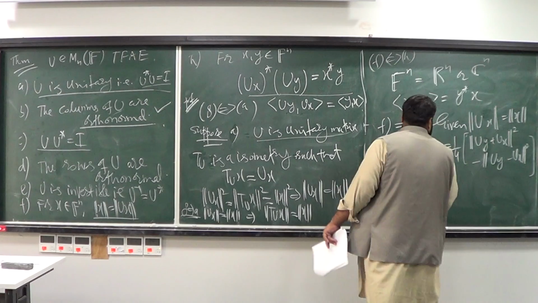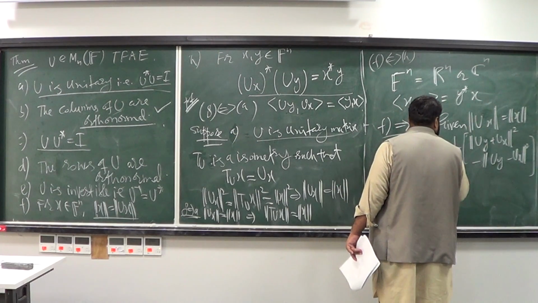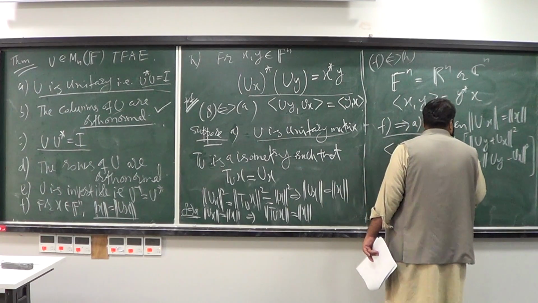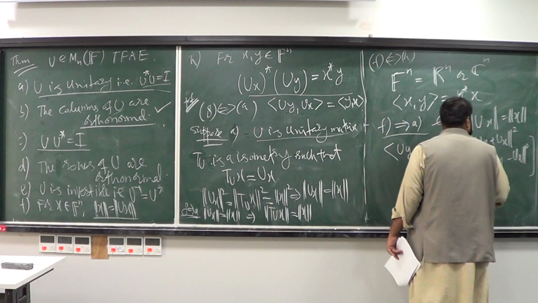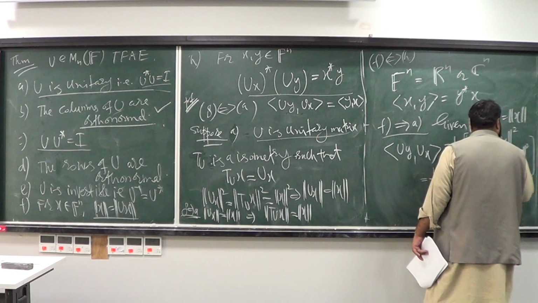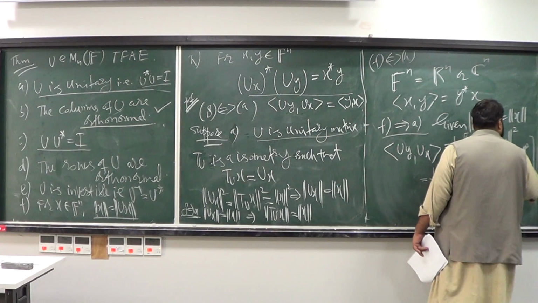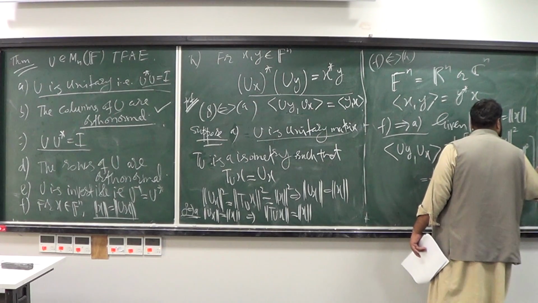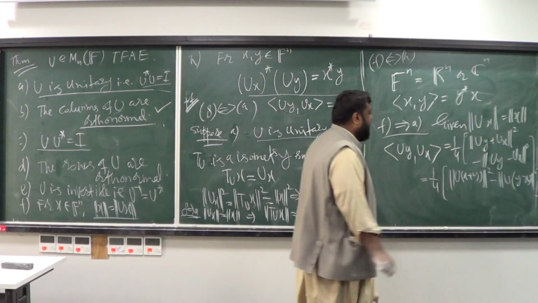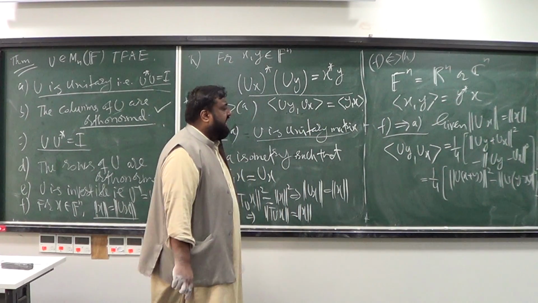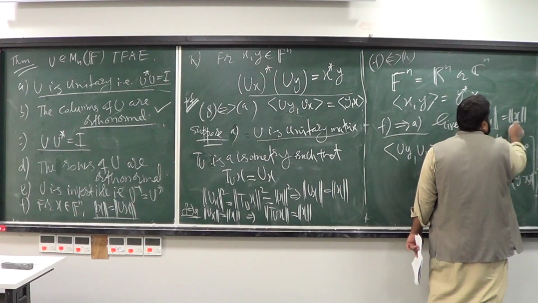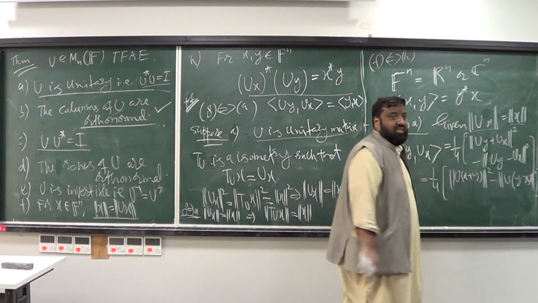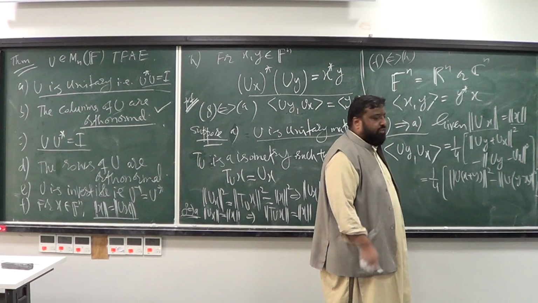I can say that this is the same as 1 over 4 times norm of Ux plus y norm square minus Uy minus x norm square. This is what you're going to get. And now, the norm of Ux is equal to the magnitude of x for any vector x.